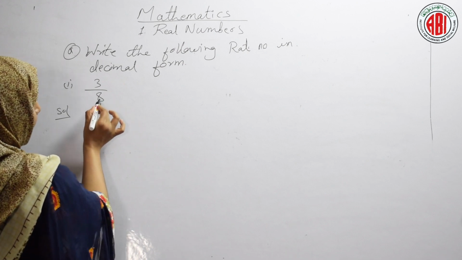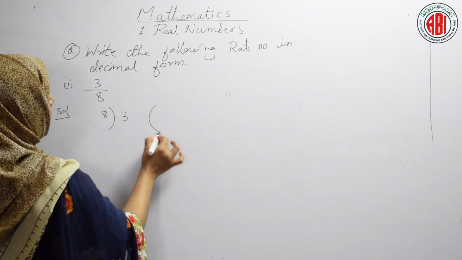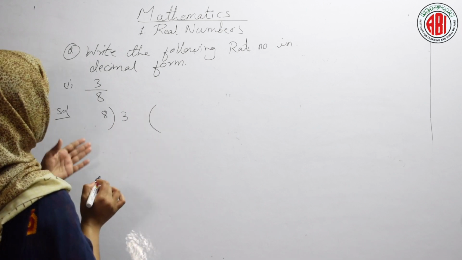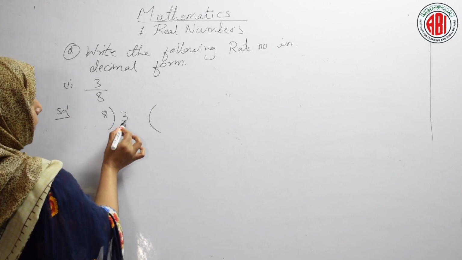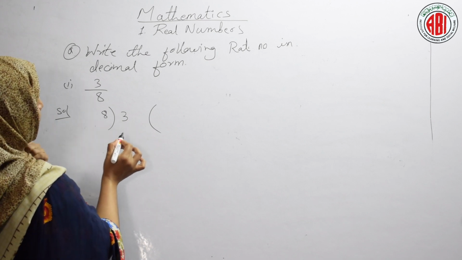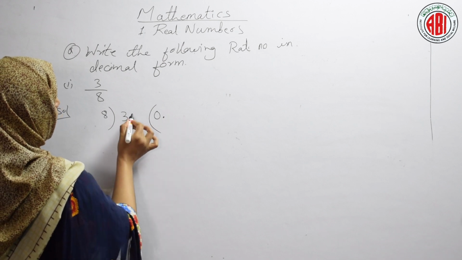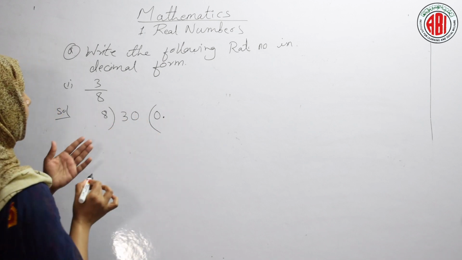That is, 8 is the divisor, 8 should be here and 3 we will write over here. 3 is the dividend. So, 8 is there, 3 is there. 3 will not come in the multiplication table of 8. So, what we will do? We have to put 0 and a point, and we add 1 zero. 30 is there.